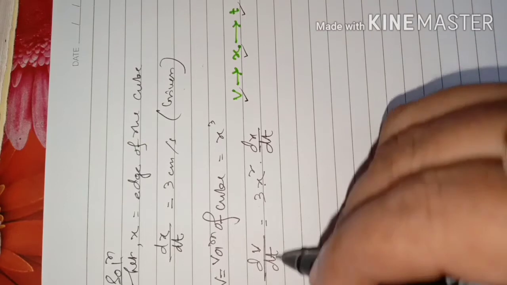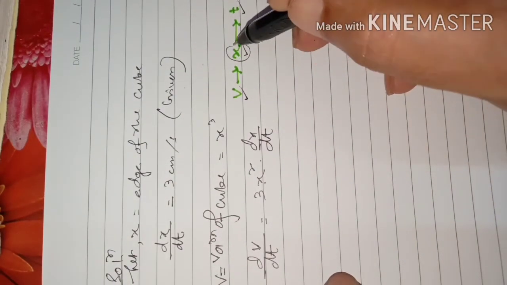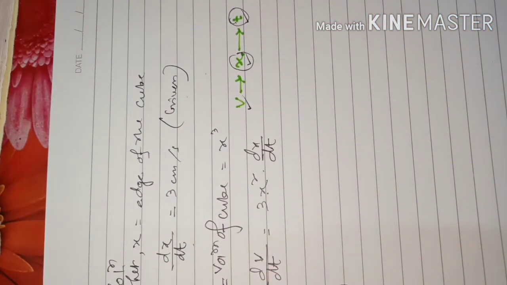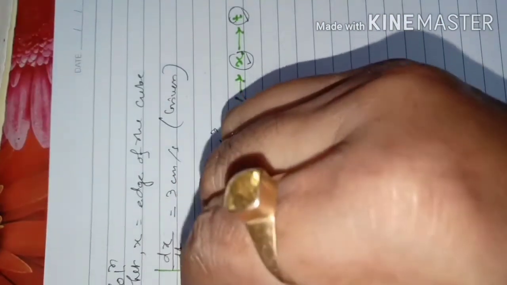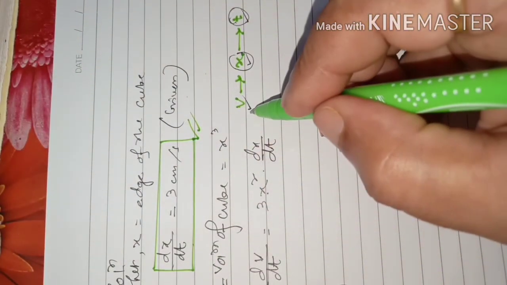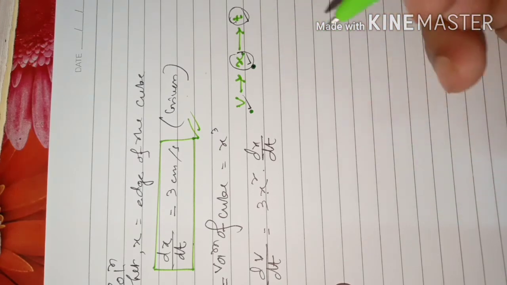So that's why we need to write this. First, the rate of change of this variable with respect to the time variable, that is this one. Remember this. That is already given in the question. Next, the rate of change of volume with respect to side, that we are finding now.